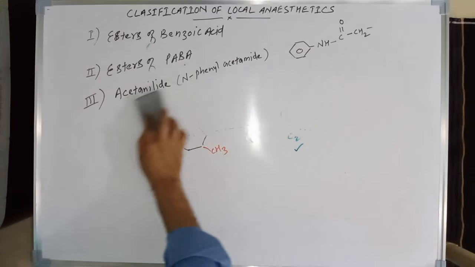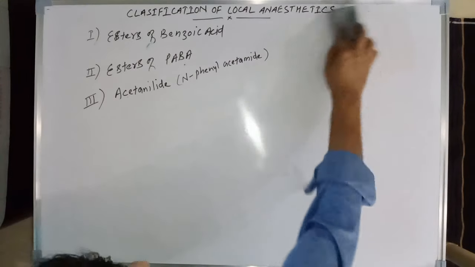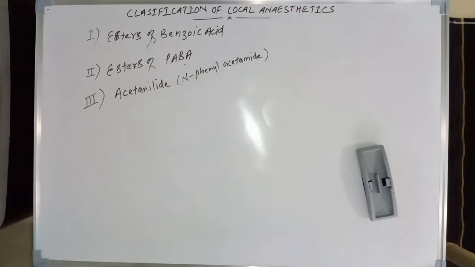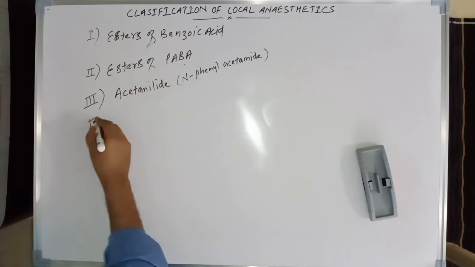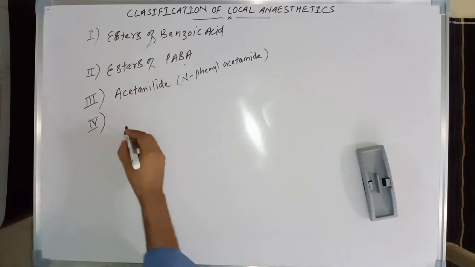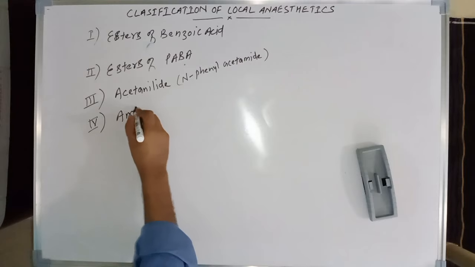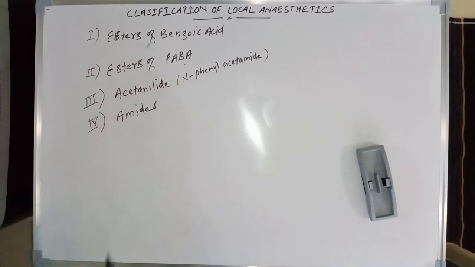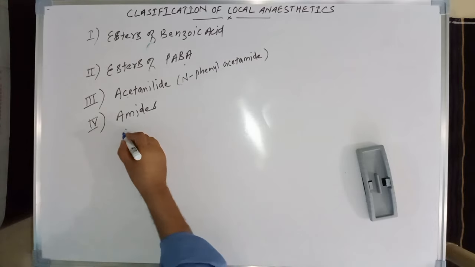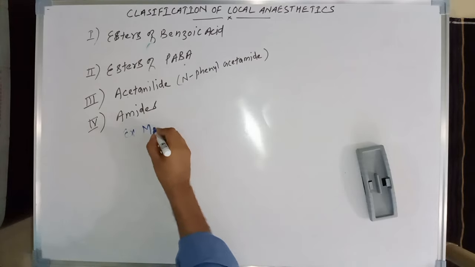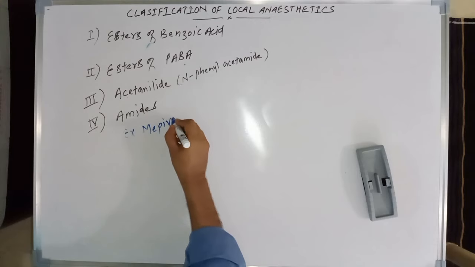Now we will move on to class number 4. Class number 4 is amides. So what are the examples of drugs which come under this class? The best example is mepivacaine.